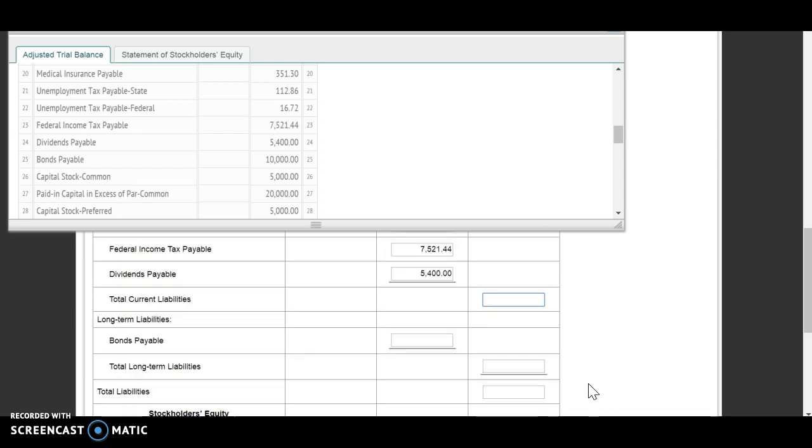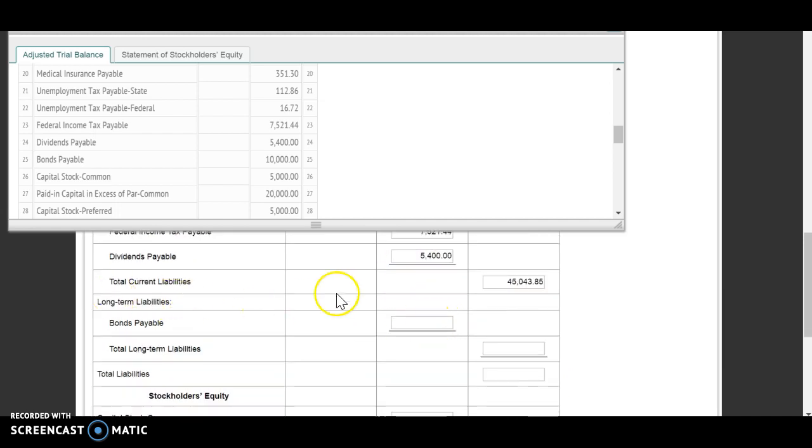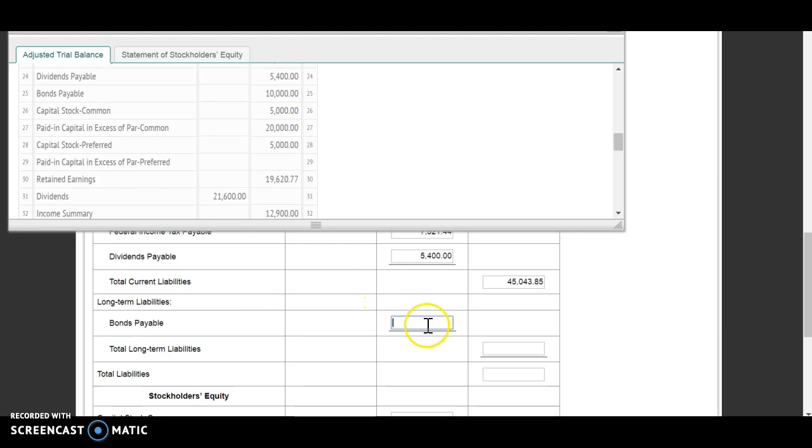Our total current liabilities should equal $45,043.85. Okay, next part is our long-term liabilities. We're going to start with our bonds payable, $10,000. Well, that's our only long-term liability, so that is simply $10,000 for our total long-term liabilities. To get our total liabilities, we add those two numbers together, which will give us easy math, $55,043.85.